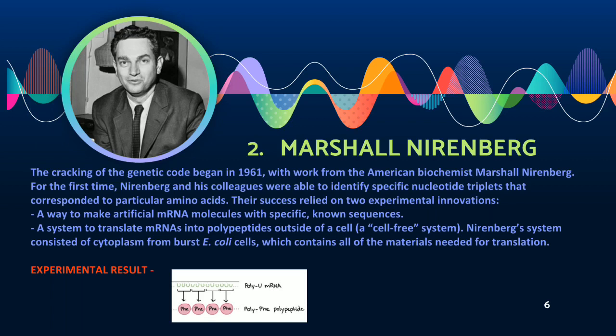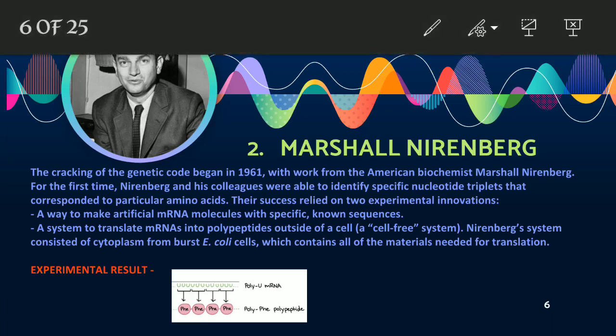First, a way to make artificial mRNA molecules with specific known sequences. Second, a system to translate mRNAs into polypeptides outside of a cell, that is, a cell-free system. Nirenberg's system consists of cytoplasm from burst E. coli cells, which contains all of the materials needed for translation.